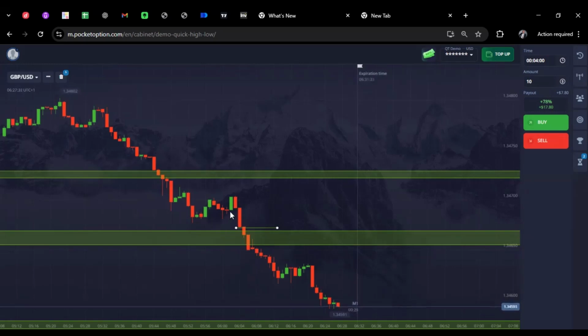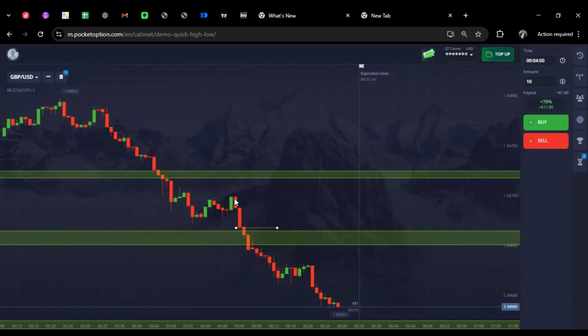So my question is, why waste that whole move? Why waste the move when you can actually trade the move when the market gets to your entry? That's just it. Why waste the move when you can trade the move, right?